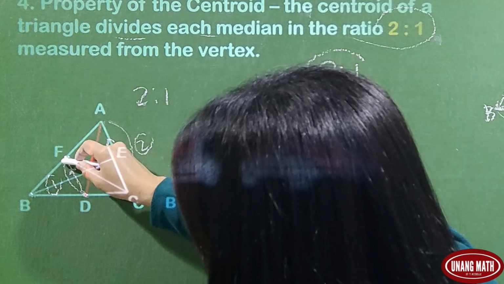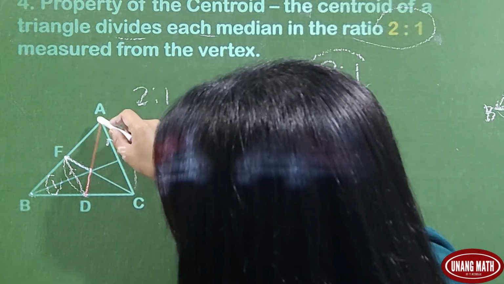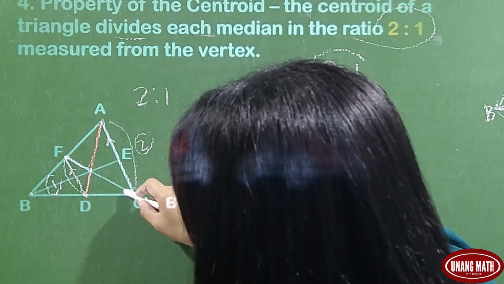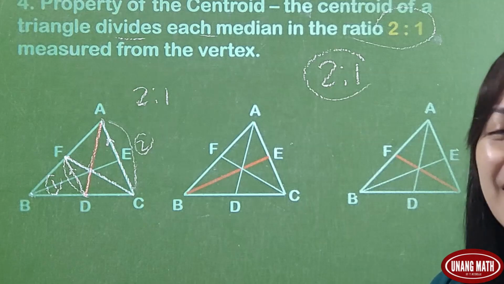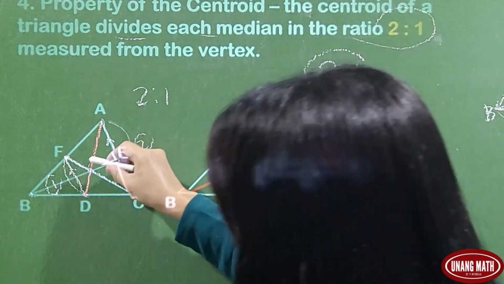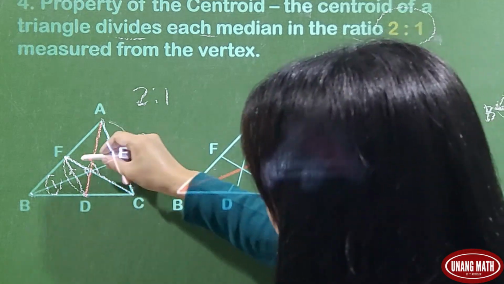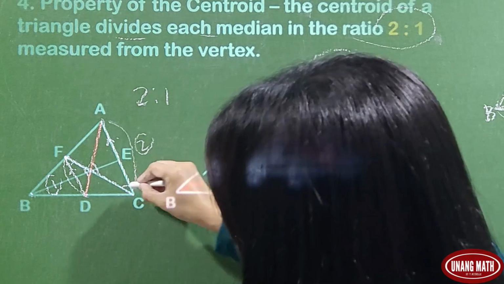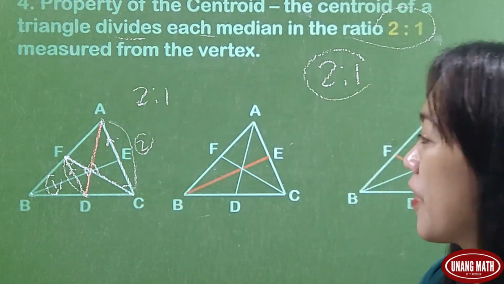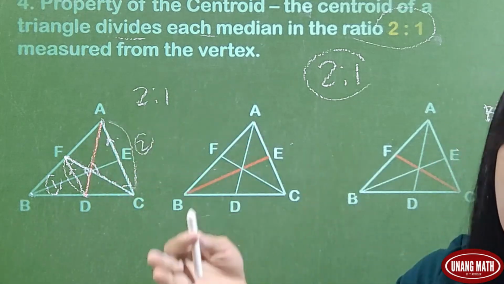When we draw this mid segment, we have this triangle and this bigger triangle. These two triangles are similar figures. We have these vertical angles equal in measure. Parallel lines, it means this angle and this angle are alternate interior angles, so equal in measure. So this is AA similarity.